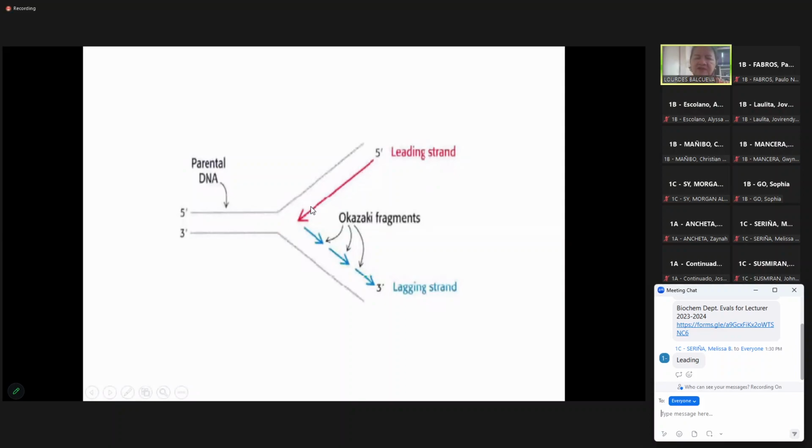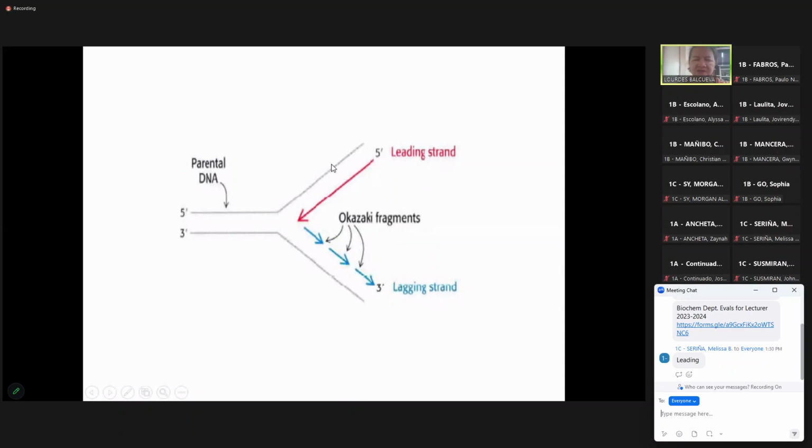Only at 5'-3' direction. You cannot replicate it 3'-5', because they should always be anti-parallel to each other. Remember? The two chains should be anti-parallel to each other.